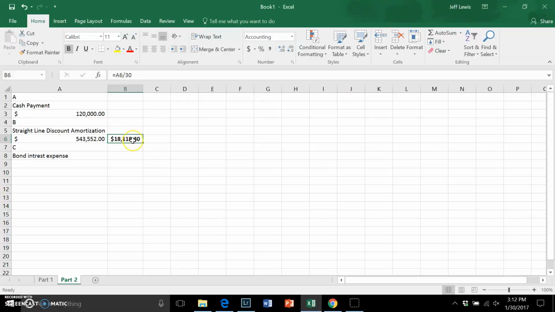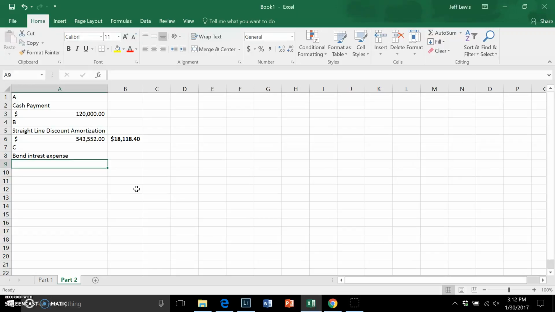So that is how much you have to pay out every period for the discount amortization.